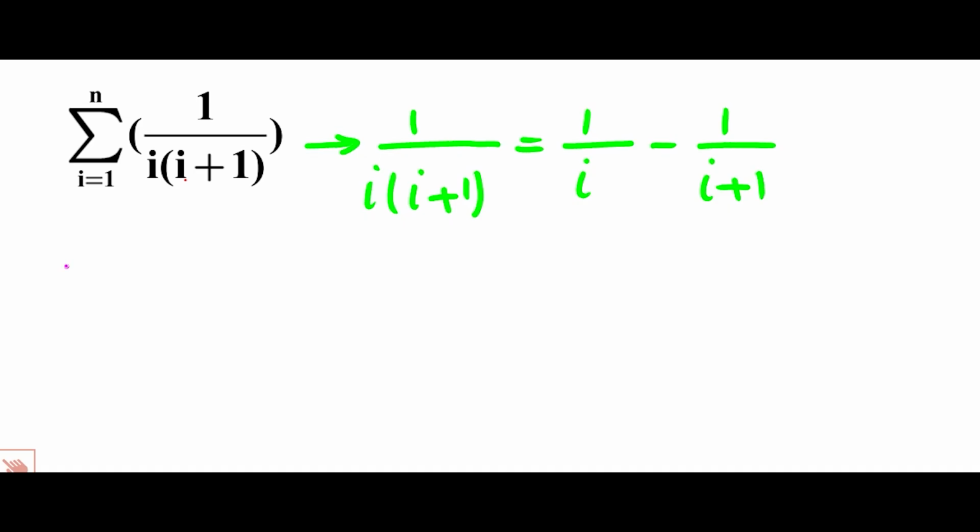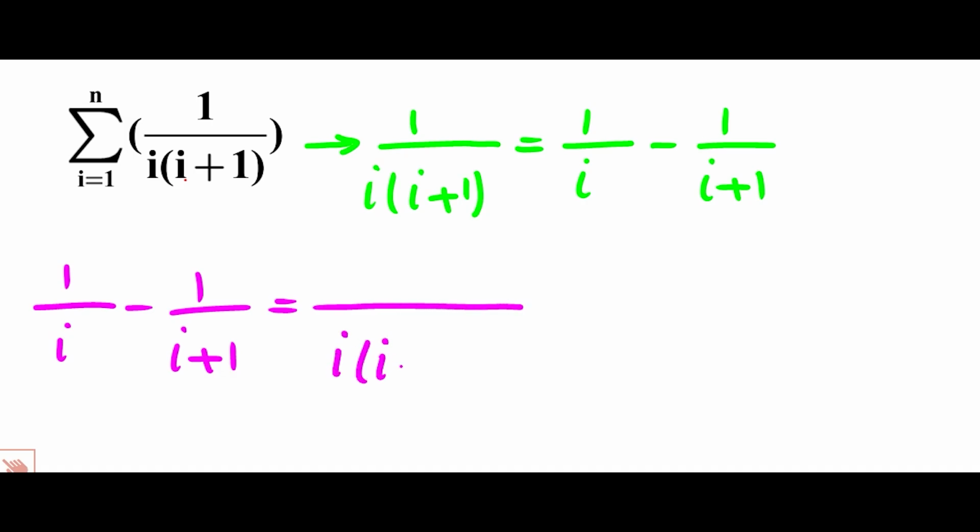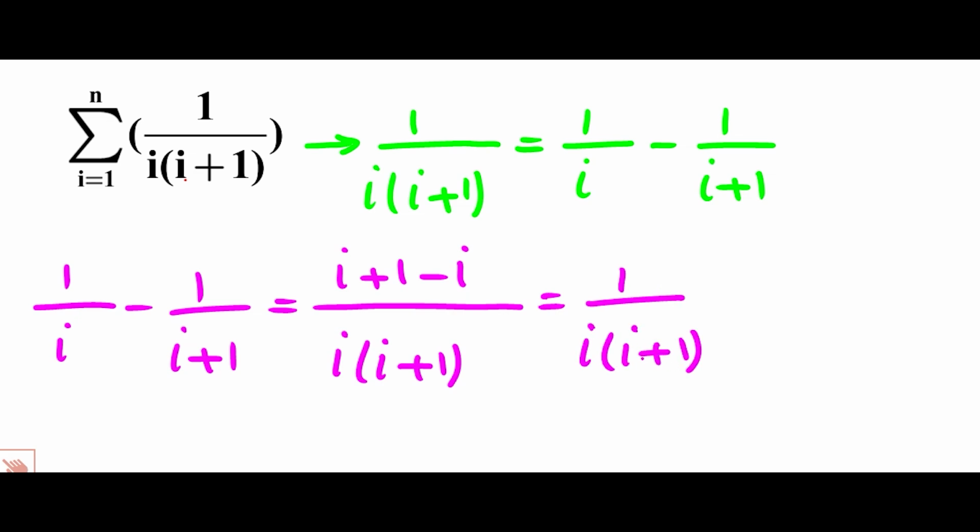Let's check: taking the common denominator, we have i times (i+1), and the numerator (i+1) minus i, so we have 1 over i times (i+1), right?